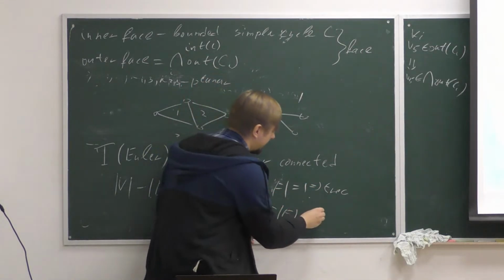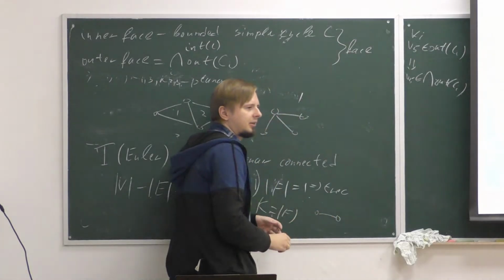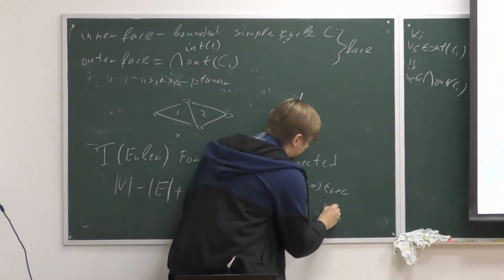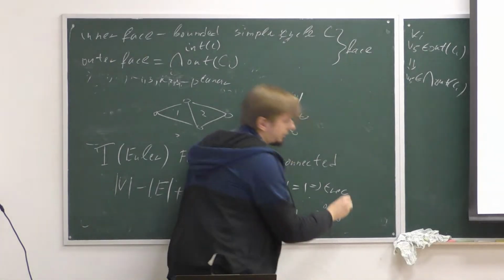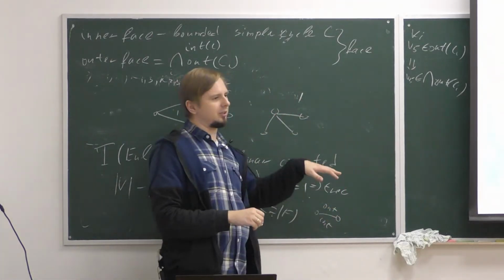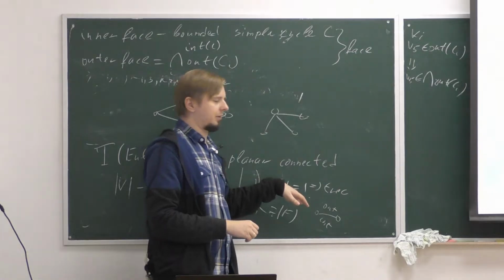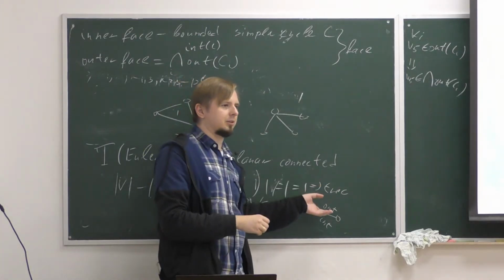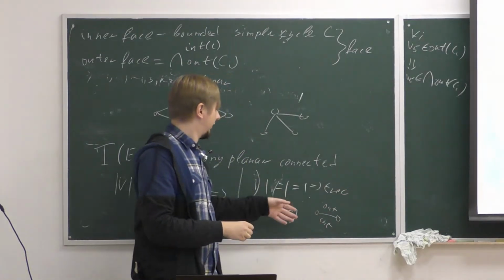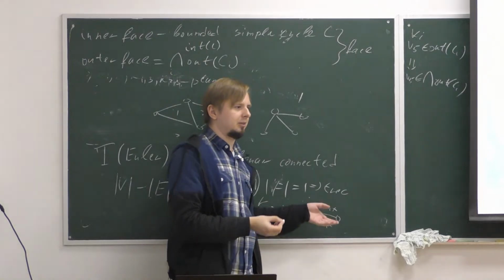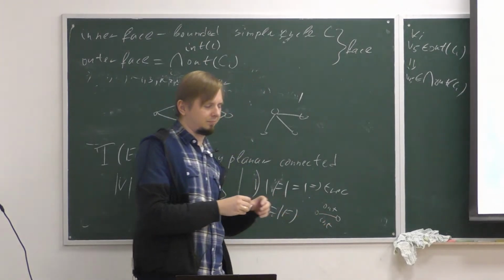So we have an edge that bounds the outer face and an inner face. If we delete it, we will have a graph with faces minus 1, and for which we know the induction.